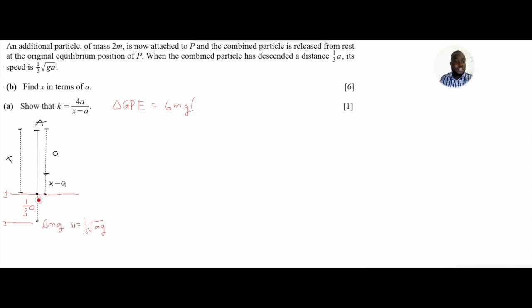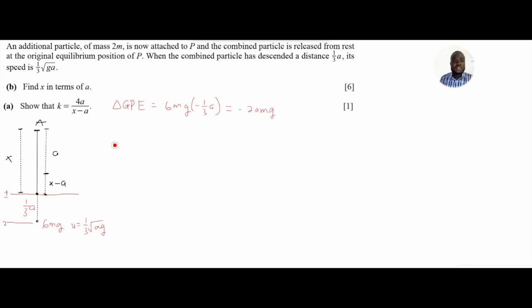For the change in height, since I'm going from a high level of potential to a lower level of potential, I'm going to call that change in height negative. So this one is 1/3 times a. And if we were moving from a lower potential to a higher potential, I'd have made it positive. In essence, the particle would lose some of its gravitational potential energy by moving from a higher level to a lower one. We can simplify this as -2amg.